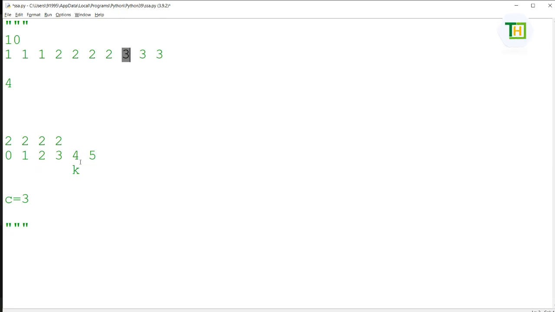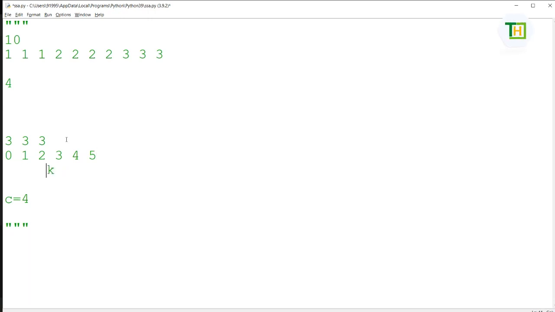No. And what is the k value? Is c less than k or not? Yes. Then the count becomes 4 here, and k is going to be 0 again. Then again I'm going to put 3 here, and then k is at this position.